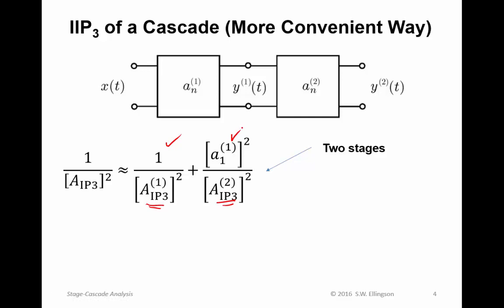So the structure of this expression is as follows. We see that we have this kind of reciprocal relationship, except the second stage that we've now taken into account, we multiply by the linear gain of the first stage.